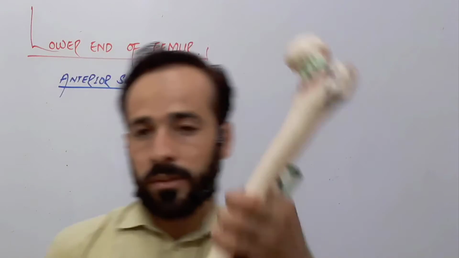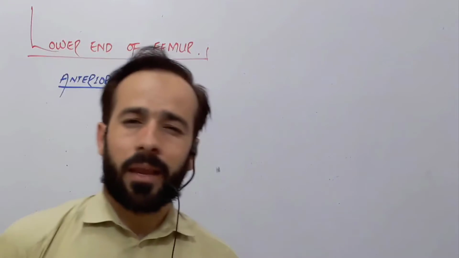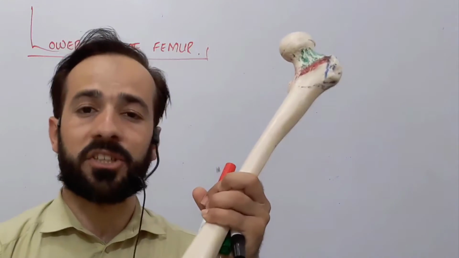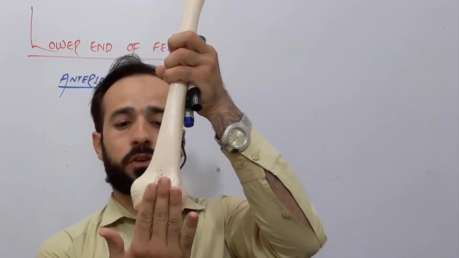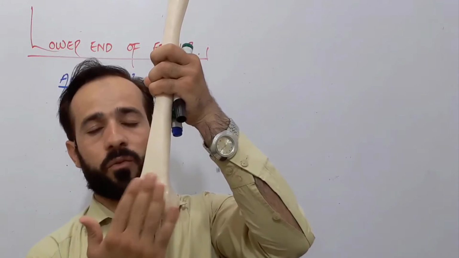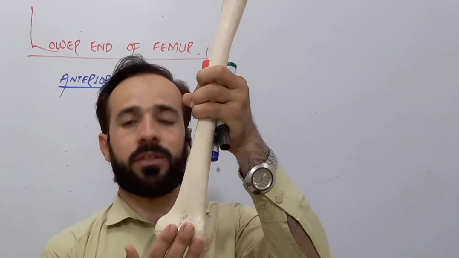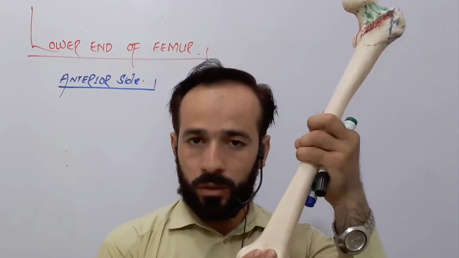My dear friends, this anterior side of the femur bone is just having a surface, which is called the patellar surface. As here is a sesamoid bone which is called patella, this surface gives a place for the patella of your lower limb, right?